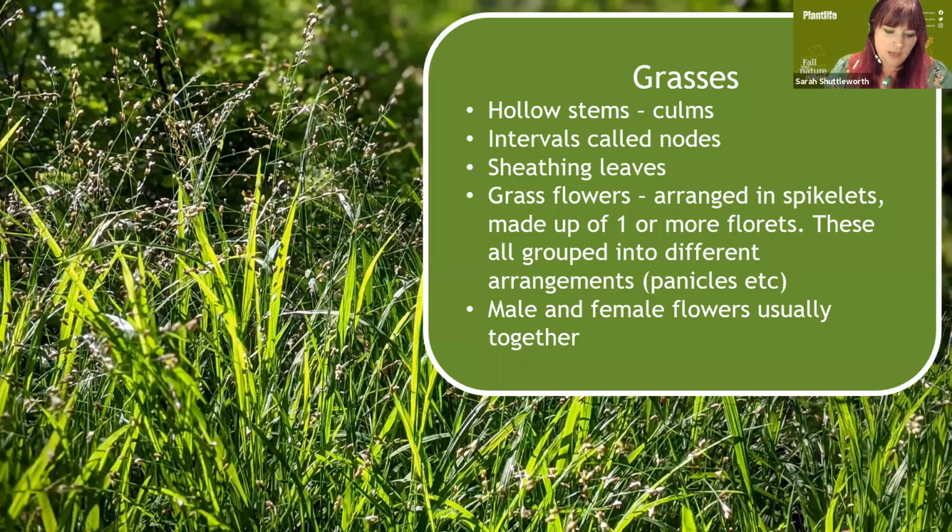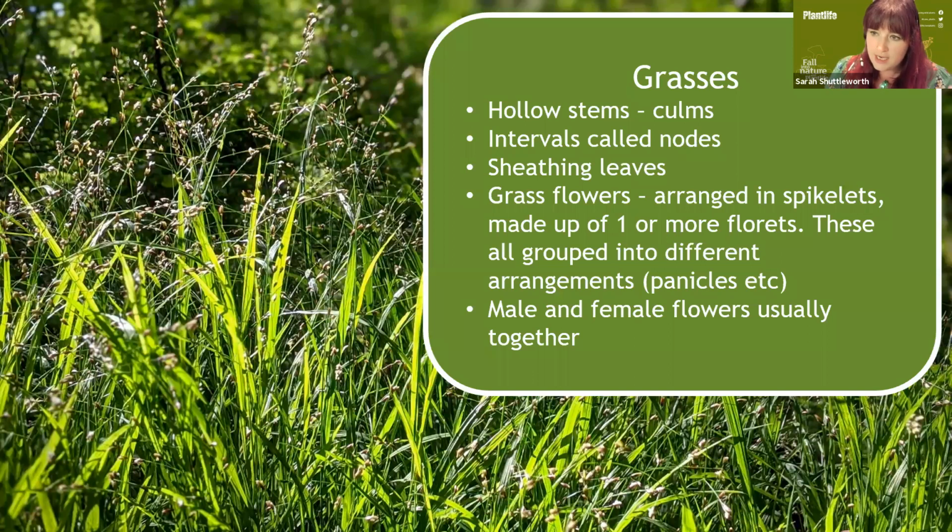So if we spend a bit of time looking at grasses first, seeing as that's one that most people are probably quite familiar with, a few of the general rules that we're going to expand in a little bit more detail. They have hollow stems, which incidentally in grasses are called culms. Bit of a funny word, that one, but that refers to the stem of the grass. They then have these intervals or sections, and in between them, they have a little part of that section called the node or the knee.